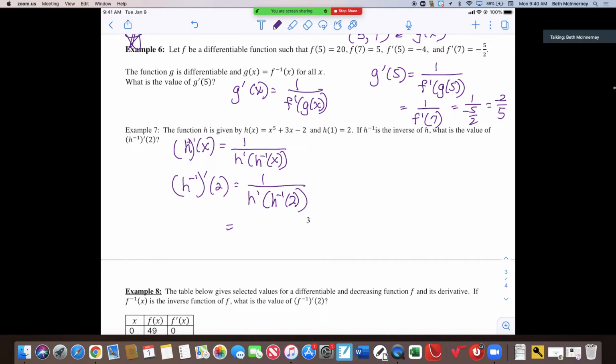So remember, if h is 1 comma 2, then h inverse has 2 comma 1, right? Let me say that again. The reason why they gave us h of 1 equals 2 is that the inverse would have the point 2 comma 1. So then, what's h inverse of 2? What's h inverse of 2? 1.